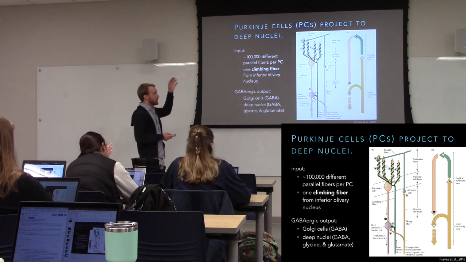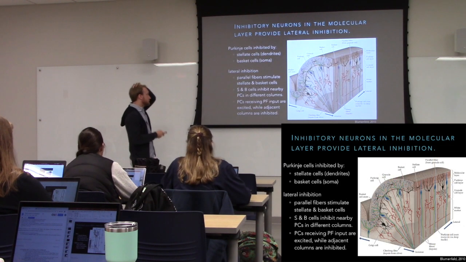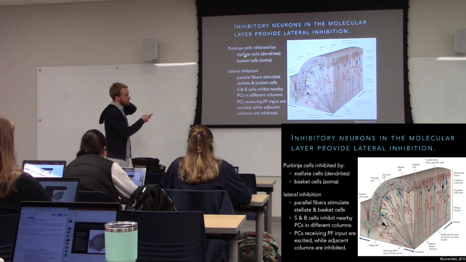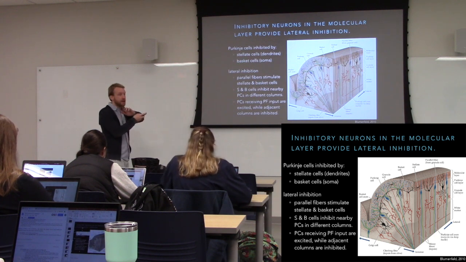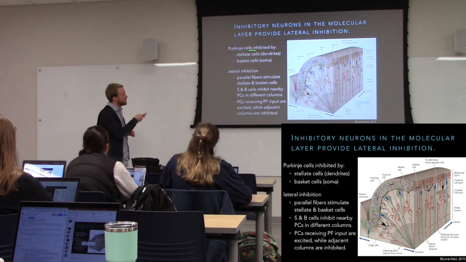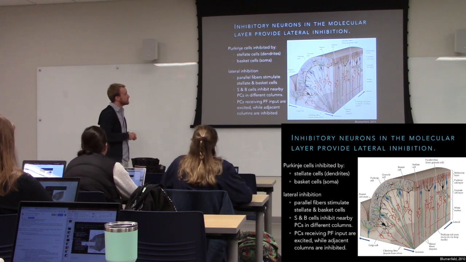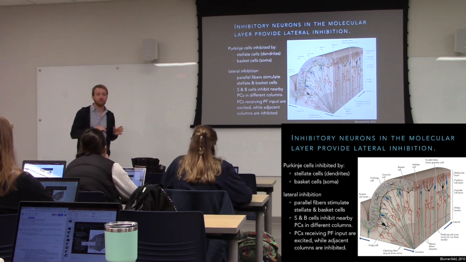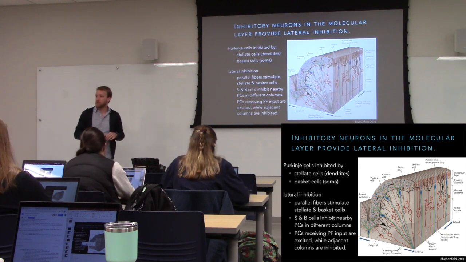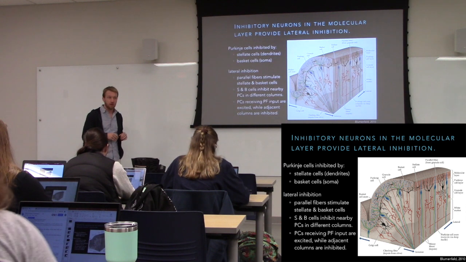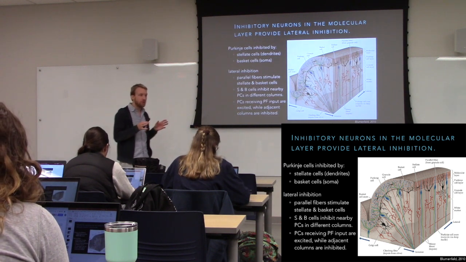So out there in the molecular layer, we have our stellate and basket cells. Basket cells are going to affect the cell body, so they'll provide inhibitory input closer to where we generate action potentials. Stellate cells are going to inhibit the dendrites. So what these are going to do is make sure that only the strongly activated Purkinje cells are activated, because they're going to provide local inhibition.